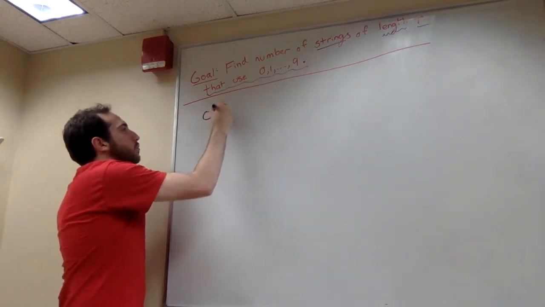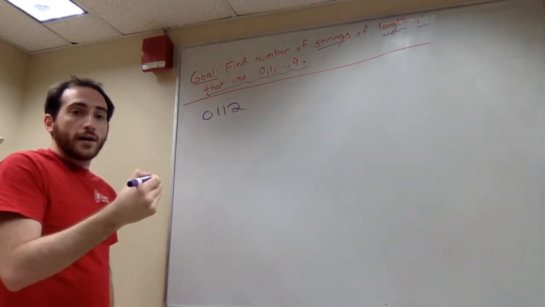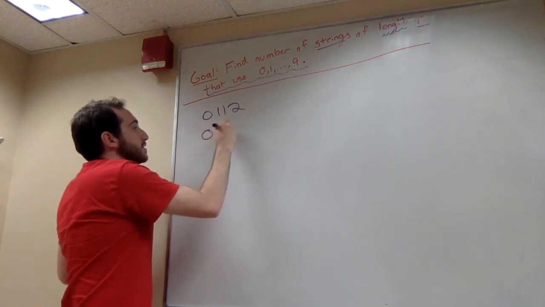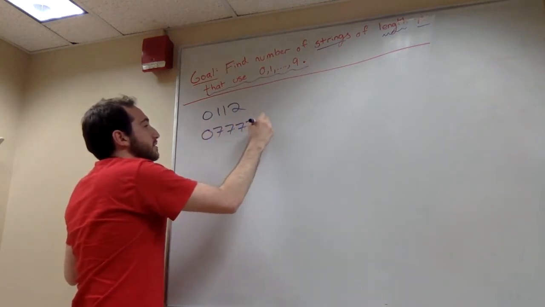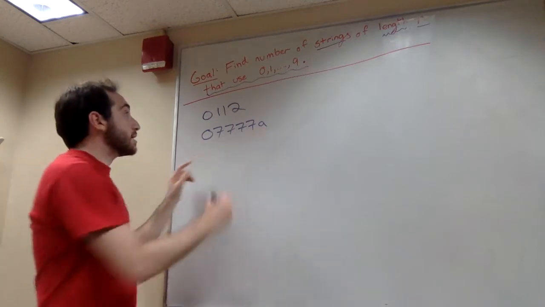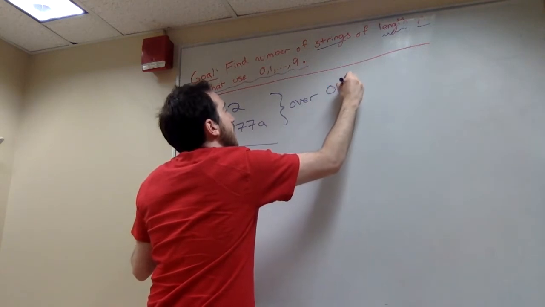So 0, 1, 1, 2 is a valid string of numbers 0 through 9. 0, 7, 7, 7, 7, A is not, because A is not a number 0 through 9. So this would be over 0 to 9.